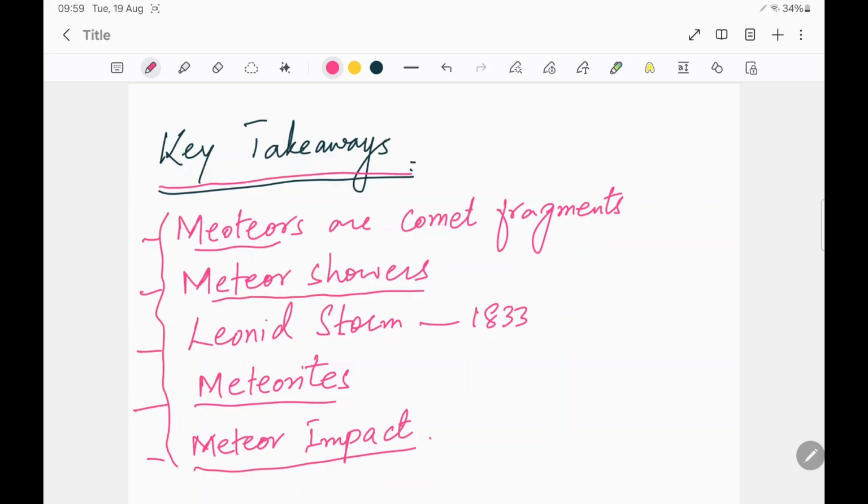And then the names of those meteor showers, like Leonids or Perseids. So you need to understand these terms, and if you have interest, definitely it is going to be very easy. It's not that difficult, so you can understand this chapter.